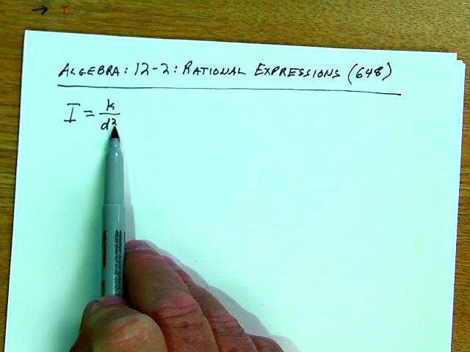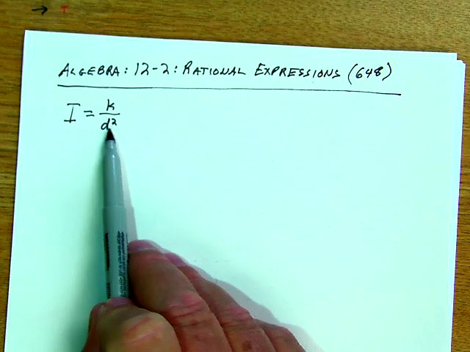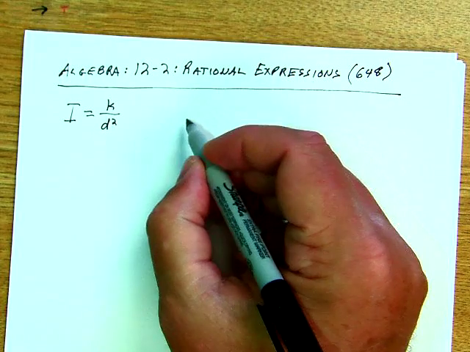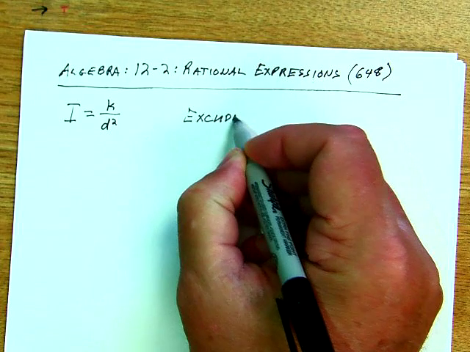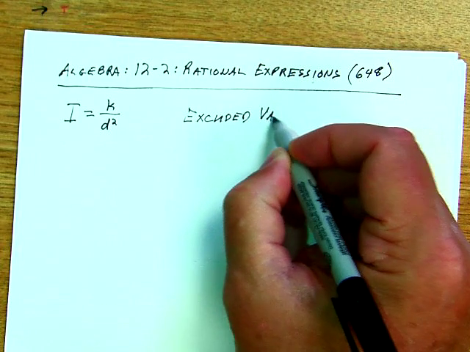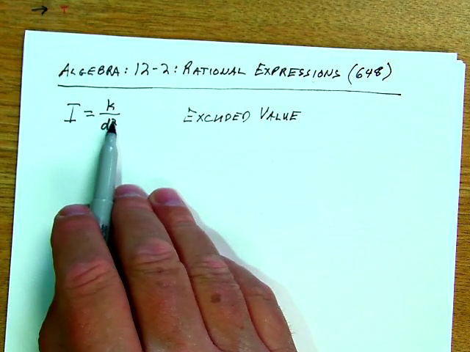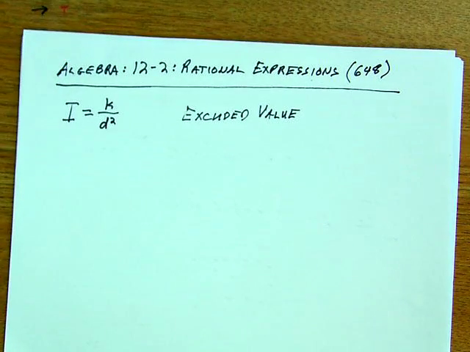So what you say when you're dealing with rational expressions is that if d is equal to 0, then that is an excluded value. In other words, find anything that makes the denominator equal to 0, and that is considered an excluded value.